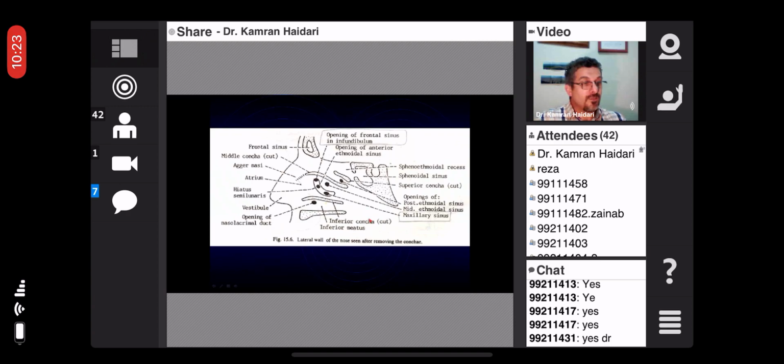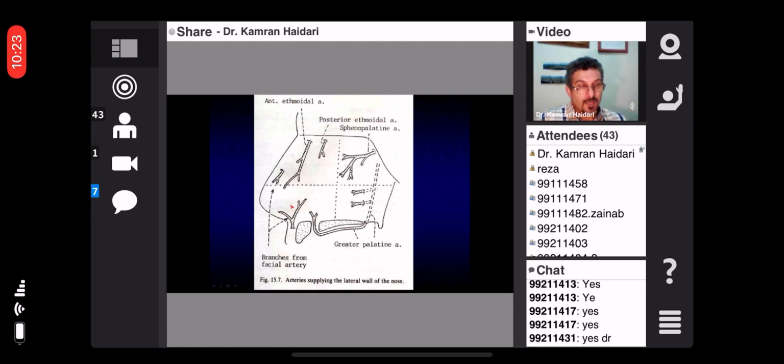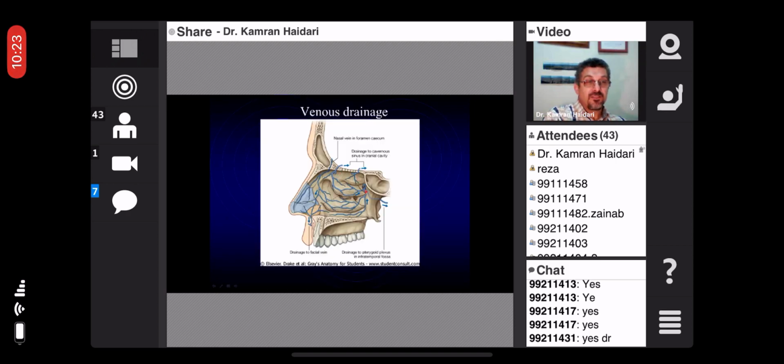Anterior and posterior ethmoidal veins are drained into the cavernous sinus via the superior ophthalmic vein, and the sphenopalatine vein is drained into the pterygoid plexus in the infratemporal area.